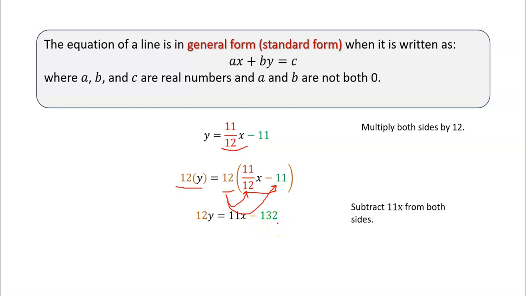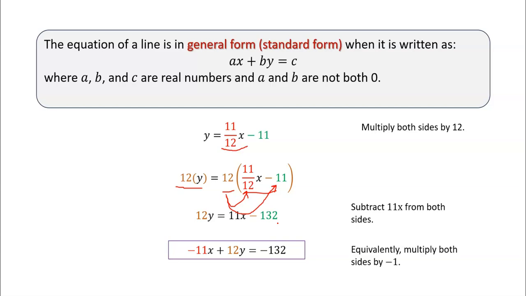Now what's next? Move x to the left side and get -11x plus 12y is equal to -132. So this is the general form corresponding to this line. We can stop here, or we can equivalently write this equation by multiplying both sides by -1, and we get 11x minus 12y is equal to 132.